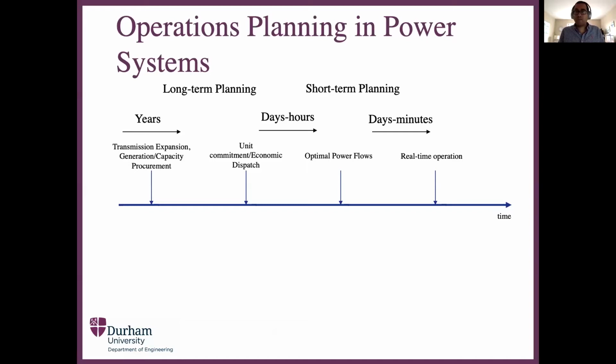A power system is a physical system, prone to failure. If a failure happens, the operator needs to plan the operation of the system in such a way that it can withstand those failures. And without going into the details, this area of short-term planning has a very, very large space of problems that you can address.